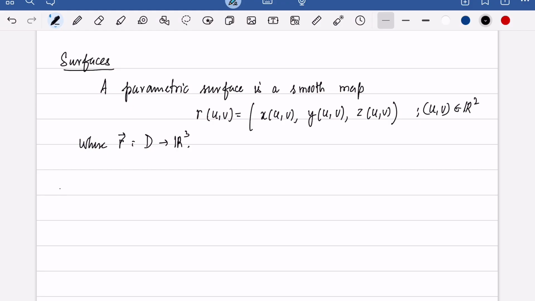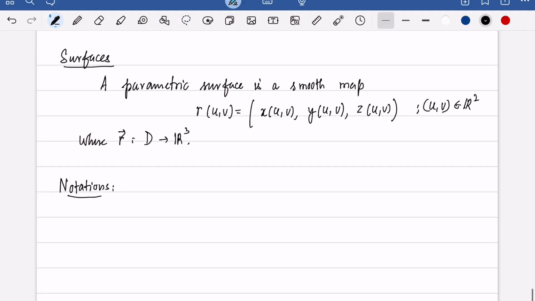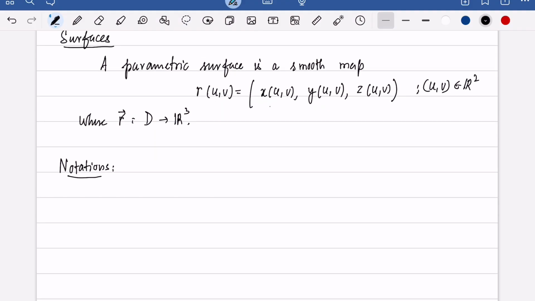Now here we take some notations that we will frequently use when studying surfaces. As we have the equation of a surface as r of (u, v) equal to (x of (u, v), y of (u, v), z of (u, v)), we denote the first derivative by r1, which is del r by del u, equal to (del x by del u, del y by del u, del z by del u).